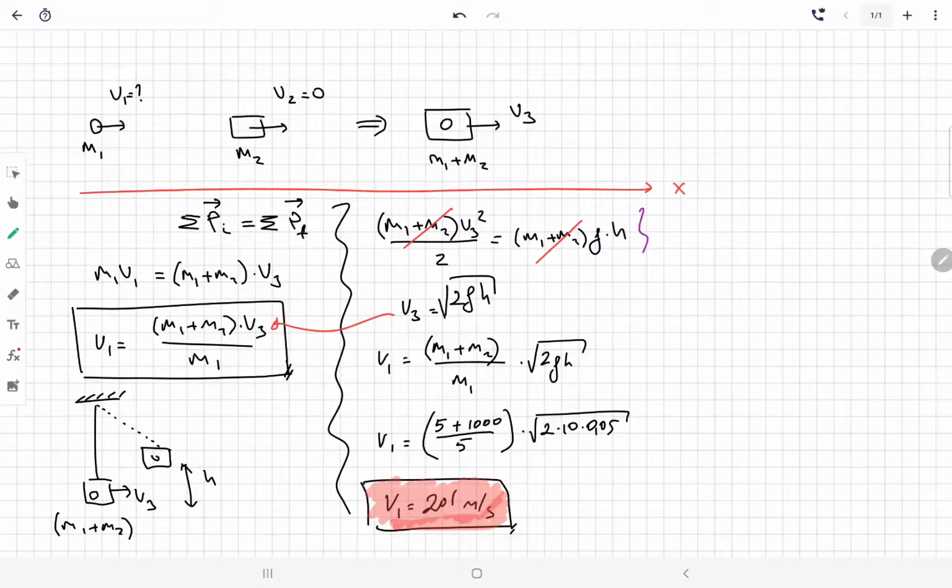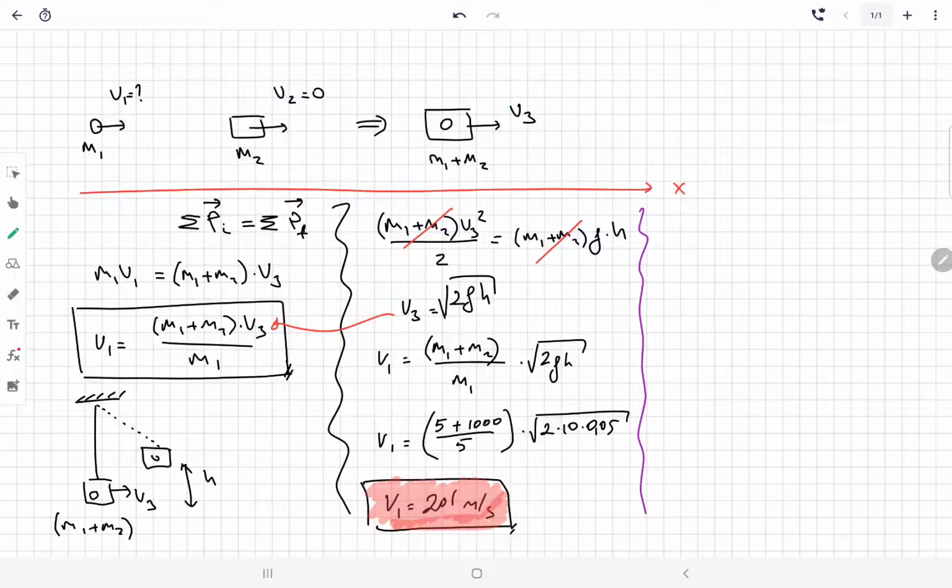So second question, we should find the loss in mechanical energy due to the collision. So we need to come back to our first figure, first diagram. During this collision, there will be heat, or we can say loss in mechanical energy, which is heat basically, because we have an inelastic collision.